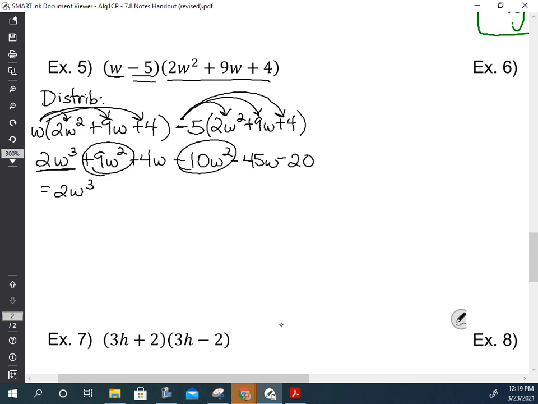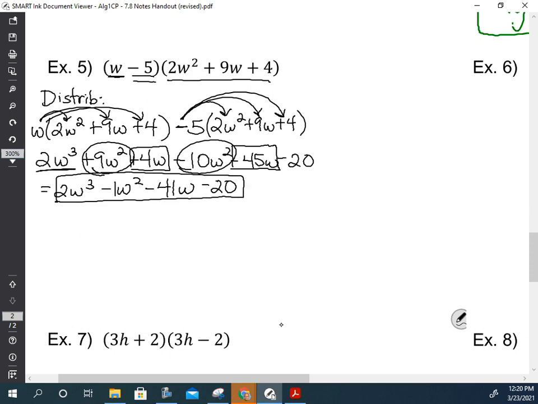Negative 1, so negative 1w squared. 4w minus 45w is negative 41w. And then minus 20 just coming down, so it has no one to go with. There's your final answer.